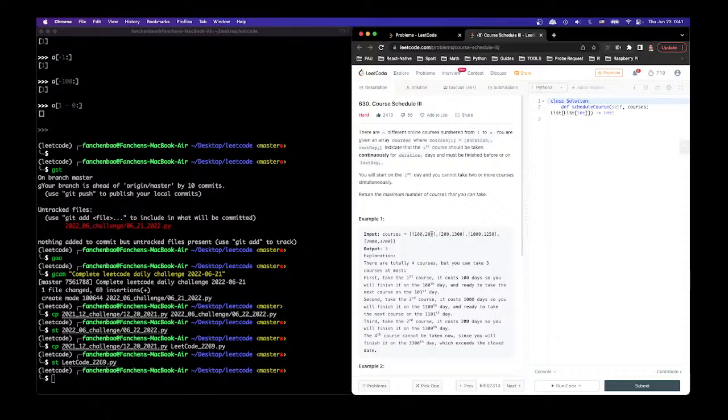So when we start taking a class, there will always be a current state. The current state is the current day, right? Current day. So based on the current day, we also have what has been taken.